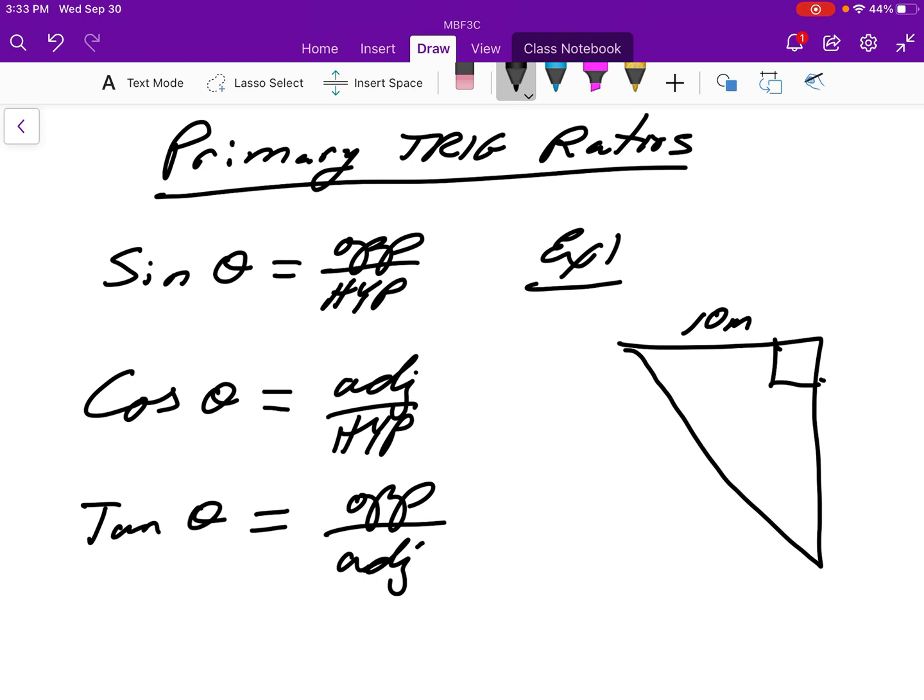We want to find out what the opposite side here is, or the other side here. I'm going to know what this angle is here, and I'm going to label that angle as a 48-degree angle.